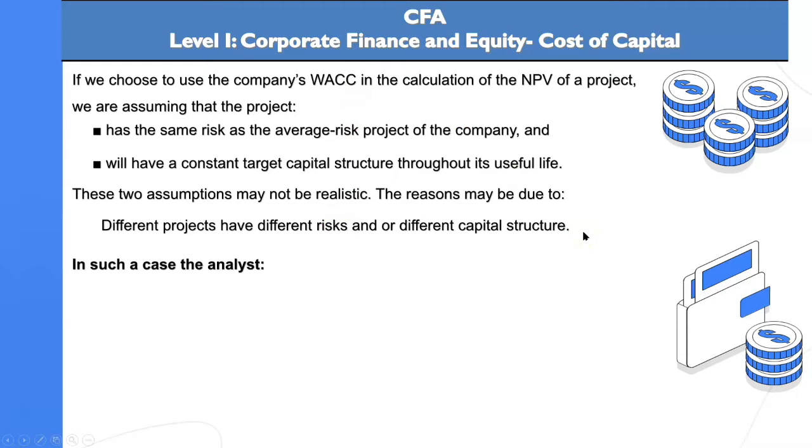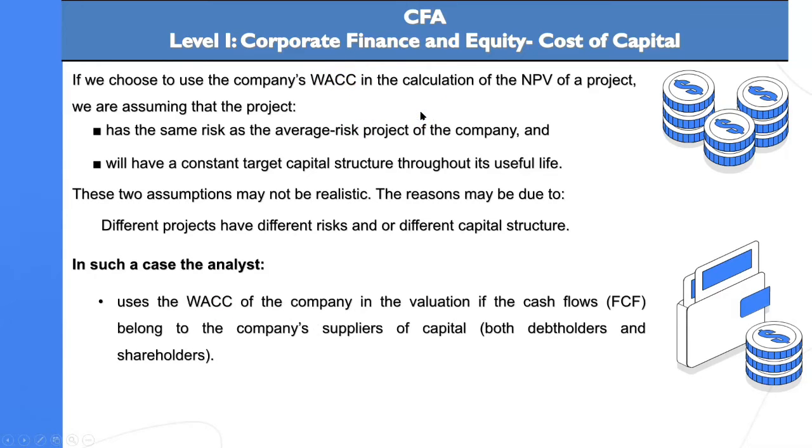So in such a case, the analyst will use the provider of the money. Who provides the money for the new project? If I have a new project, does the new finance come from the company cash flows? In such a case, we will use the weighted average cost of capital.